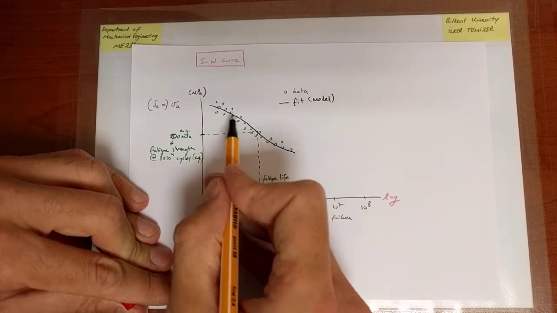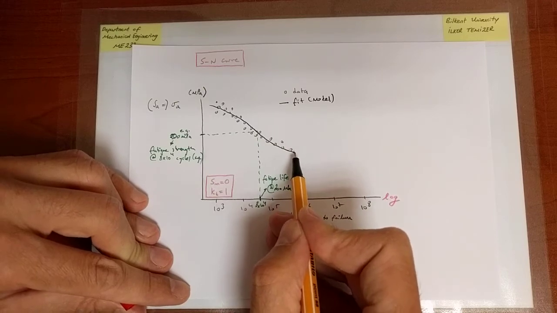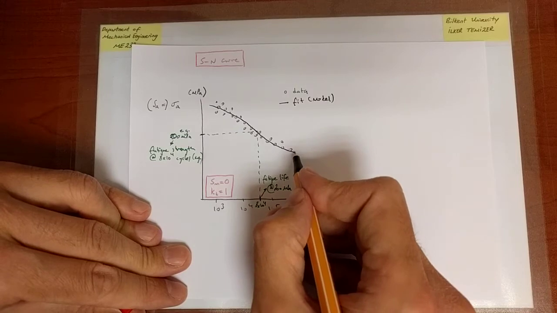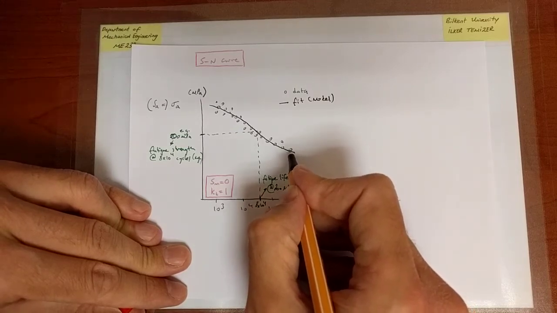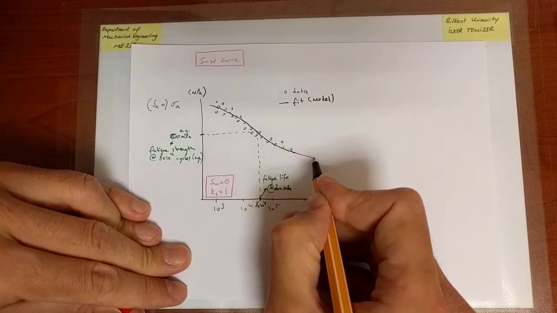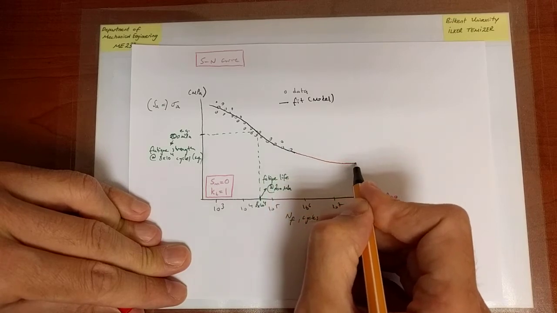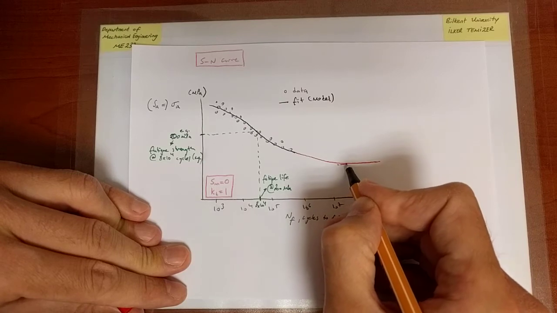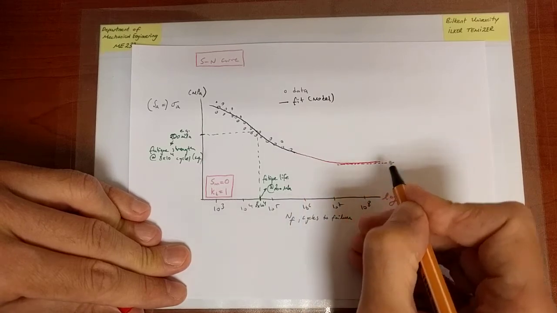But eventually, the black line can, it turns out, proceed in one of two different ways. One way to proceed is as such. So the black line proceeds, and it turns out that it levels off towards a certain value.